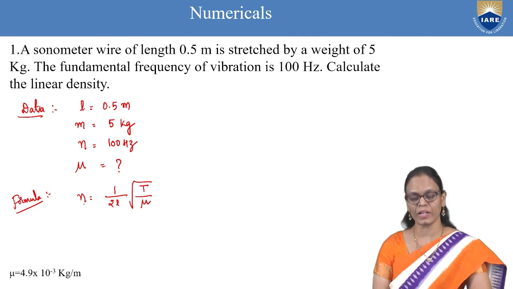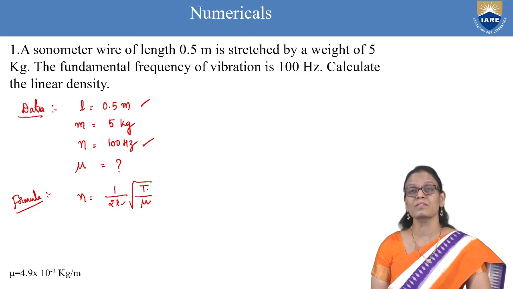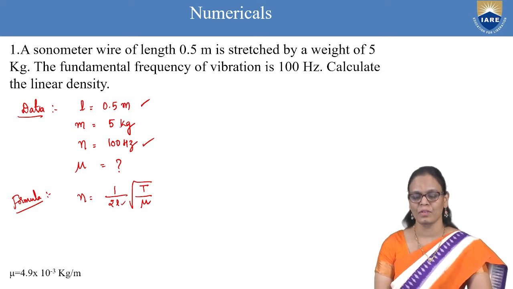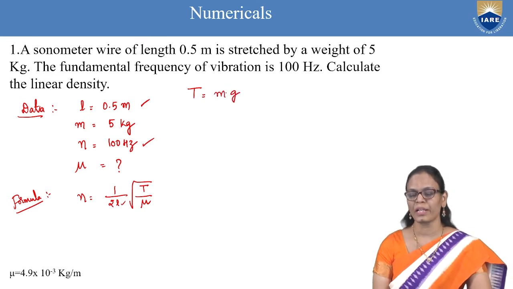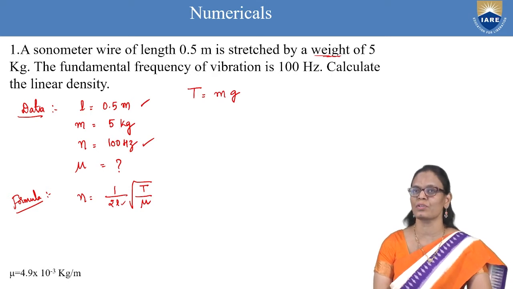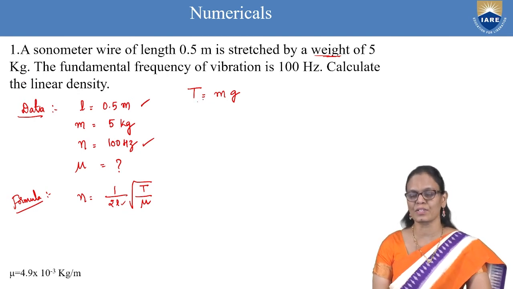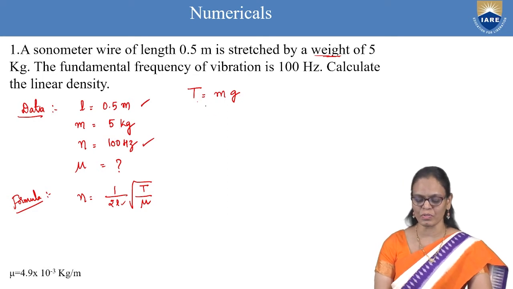So N is given, L is given, T is not given, but mass is given. So we can calculate tension using the formula T is equal to mg. Here it is mentioned as weight. If it is weight, it should have been given as mg Newton. So we consider it as mass in kilogram. So T, the tension in the string, is given by mass multiplied by acceleration due to gravity.